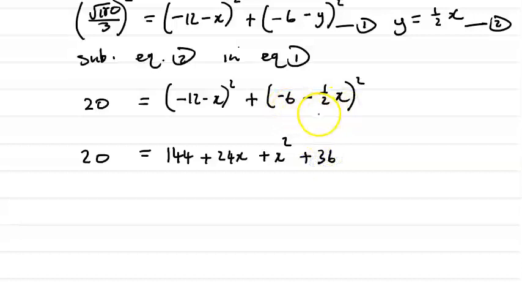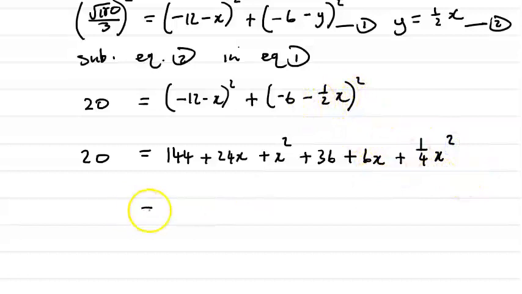Let's double the product of these two terms. Minus 6 times minus 1/2 x is positive 3x, times 2 will be positive 6x. Let's double check: minus times minus, plus 6 times a half is 3x. So 3x times 2 is 6x. Square the last term, well, 1/4 x squared.